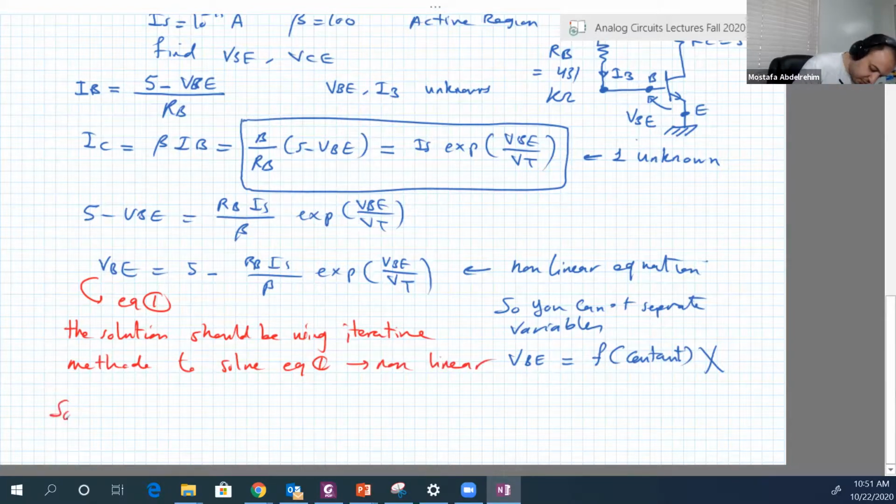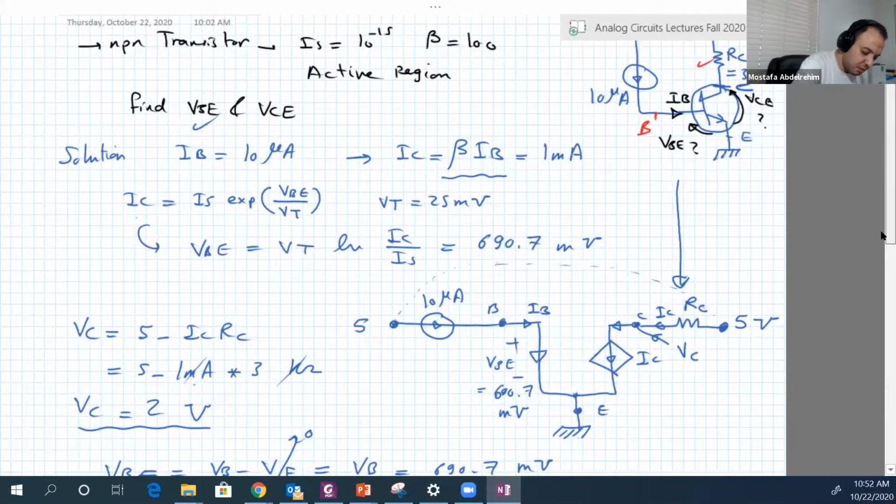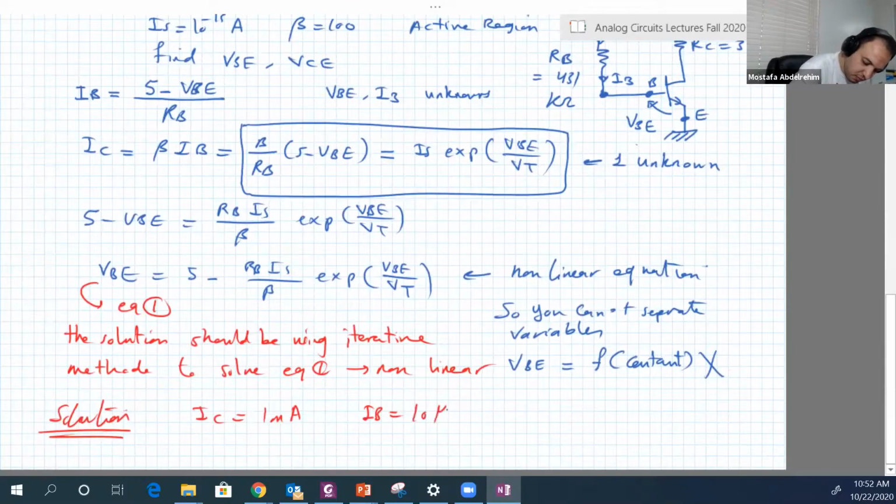The solution, if you do that, IC will be 1 milliamp, IB will be how much? 10 microamperes. VBE will be the same. Everything is the same, 690.7 millivolts. And of course, VC will be 2.